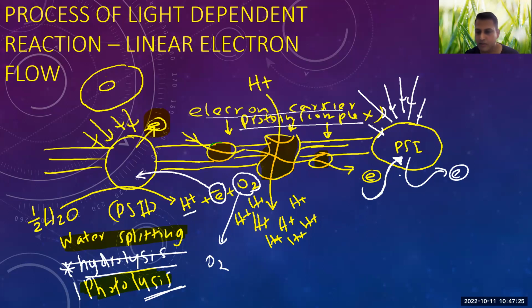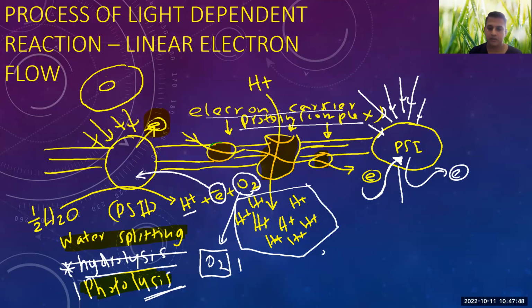So then I think we can conclude the first part, because everything is done. What happened? Oxygen formed and hydrogen ions pumped in. So this is the first thing that happened. This is the second thing. So what is the outcome of PS2?